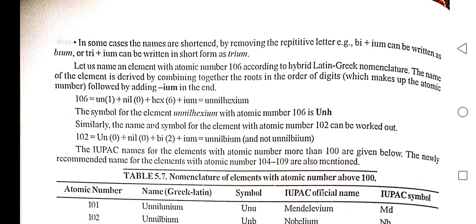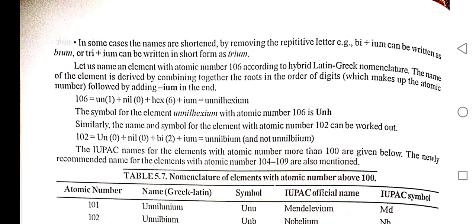Let us name an element with atomic number 106 according to hybrid Latin-Greek nomenclature. The name of the element is derived by combining together the roots in the order of the digits which make up the atomic number, followed by adding IUM in the end.